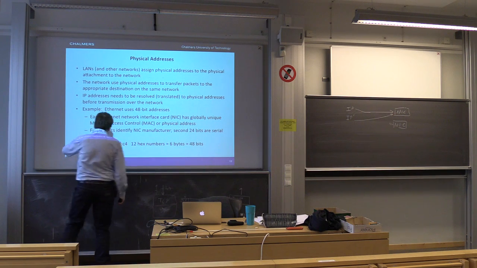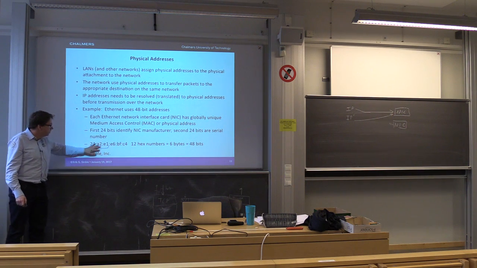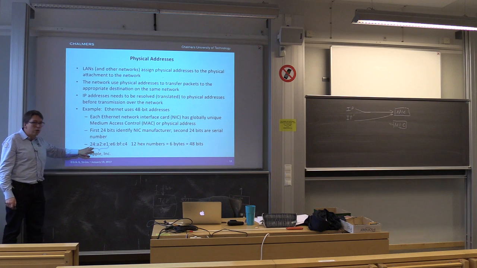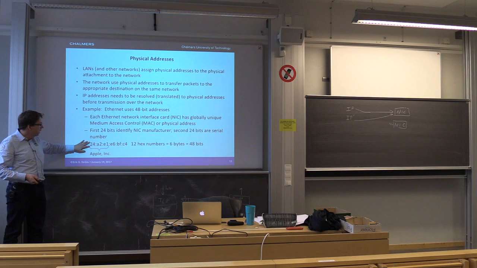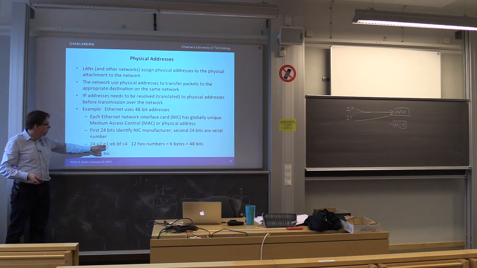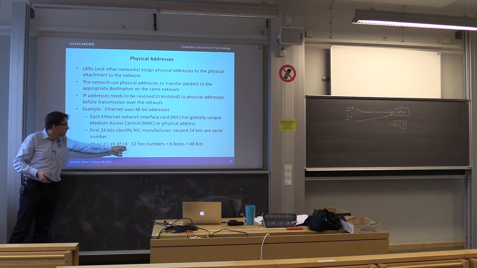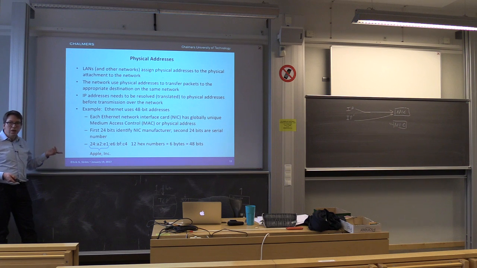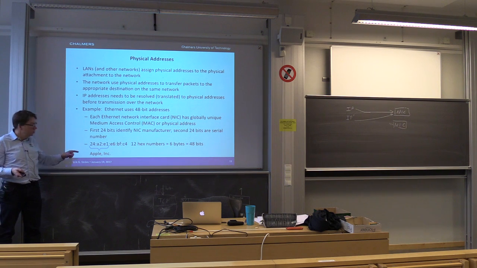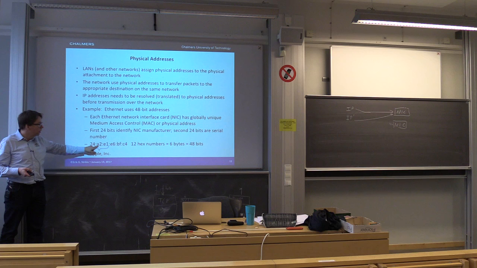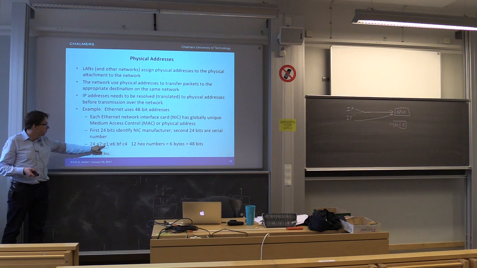Actually, there's a hierarchy to this, where the first 24 bits identify the manufacturer. This happens to be the one in my laptop here. It has this MAC address, 24A2E1 E6 B4 C4. We see here that these are hex numbers. So A here is 10 and E is what? 14, right?